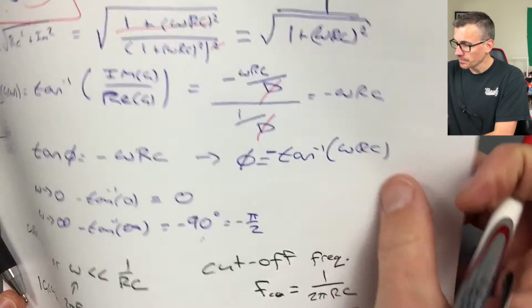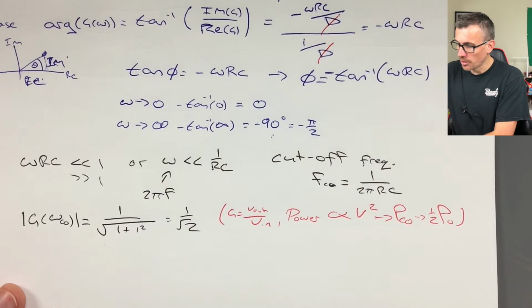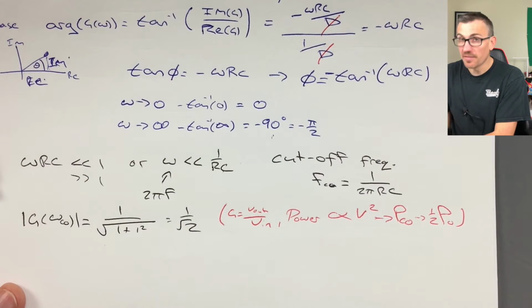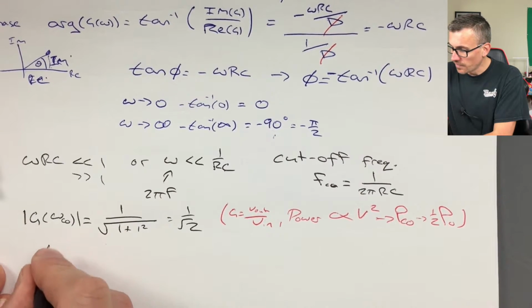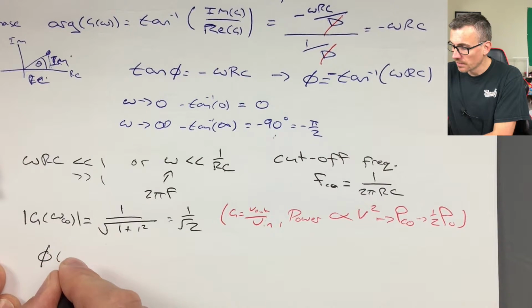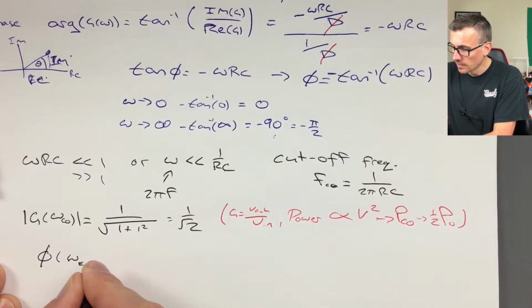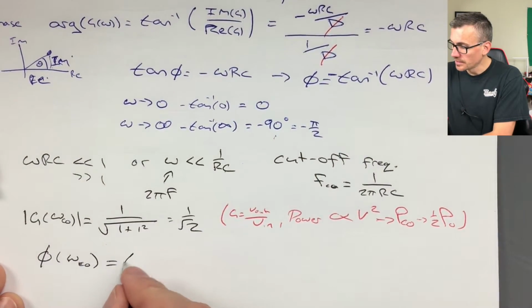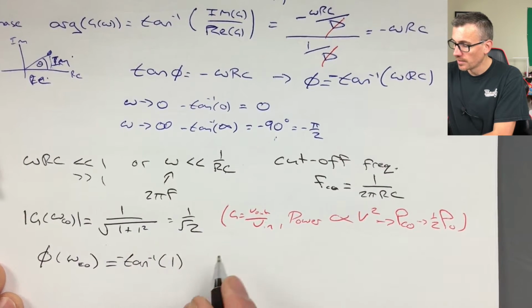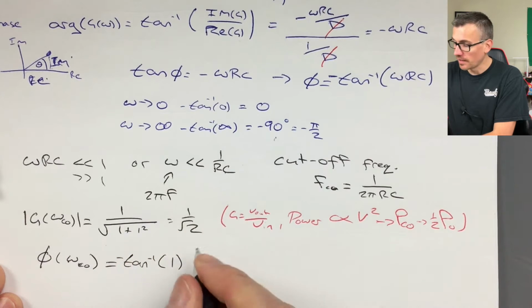Okay. Last thing about this is the phase. What is the phase at the cutoff frequency? So the phase of omega cutoff, from our formula with the arctan, is equal to the arctan of 1. A slope of 1 is 45 degrees.